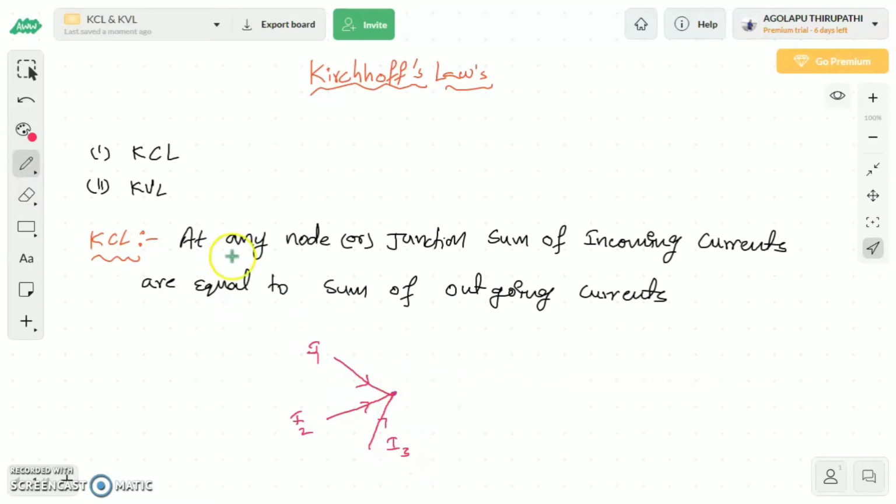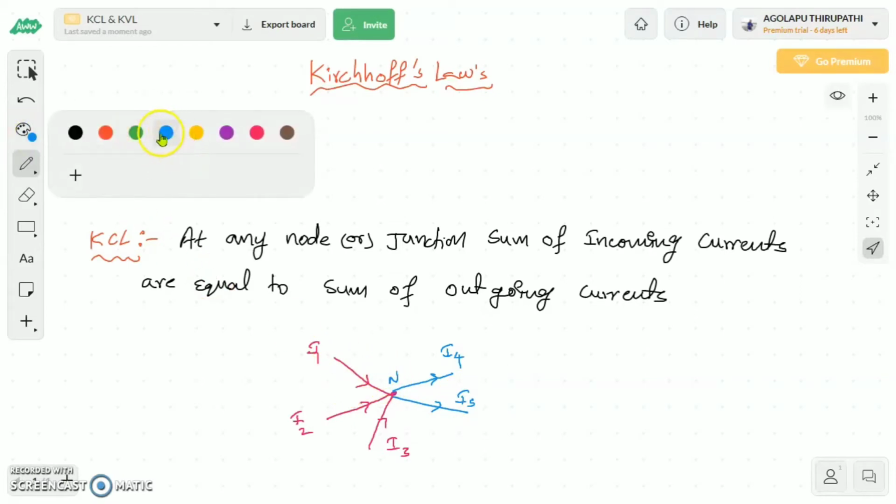Next I am taking two outgoing currents, I4 and I5. For this particular node, I1, I2, I3 are the incoming currents and I4 and I5 are the outgoing currents. So now apply KCL here.